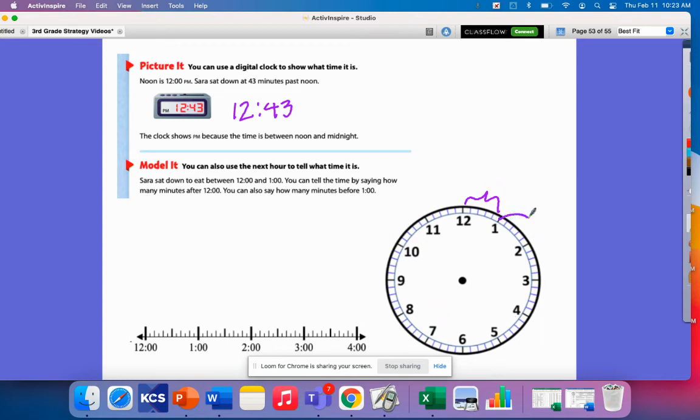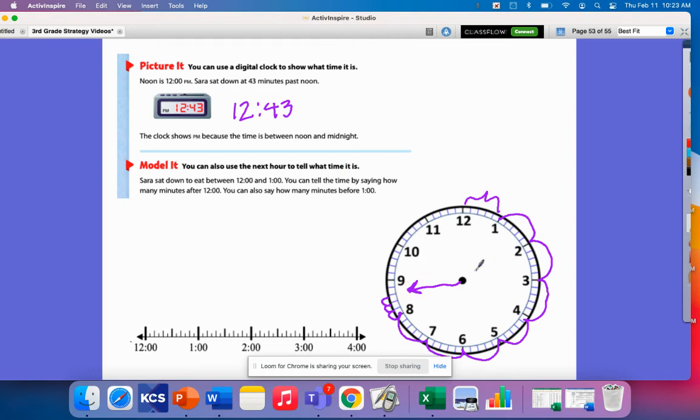So this would be 5, 10, 15, 20, 25, 30, 35, 40. Okay, so this would be 40, but I'm at 43, so that would be 41, 42, 43. My minute hand's a little wobbly, but you can see it's going to point right there to 43. That would be the 43 minutes.